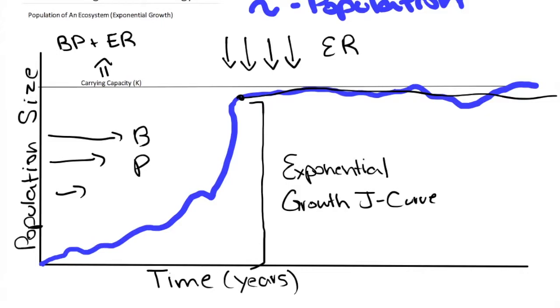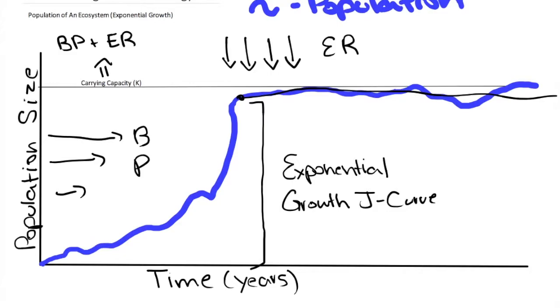And you need to really make sure that the environmental resistance and the BP, which in this case is the biotic potential, are on a matched or equal scale, so that the population does not exceed its carrying capacity, or fundamentally decrease the carrying capacity as well.